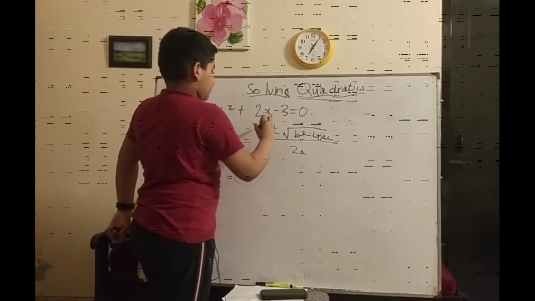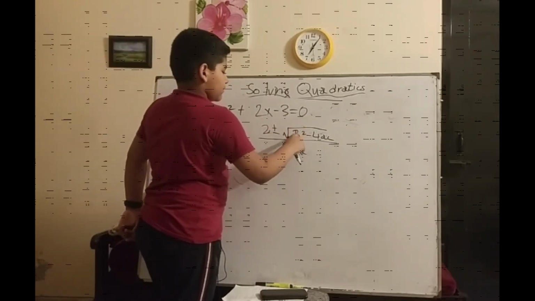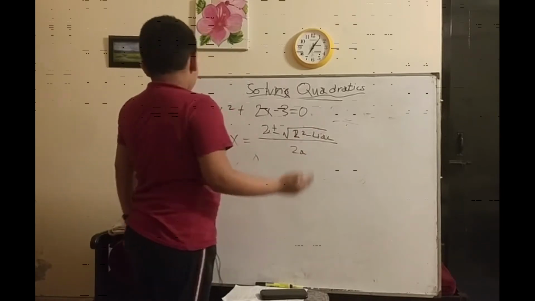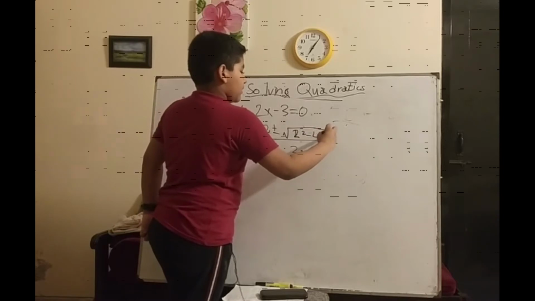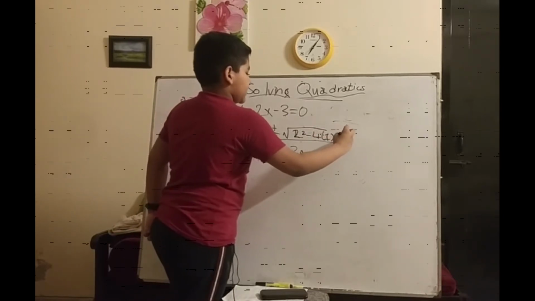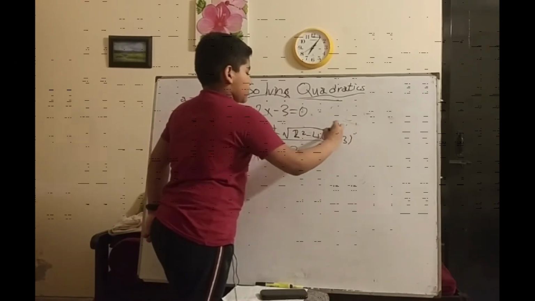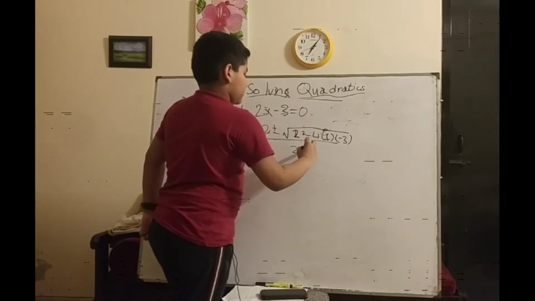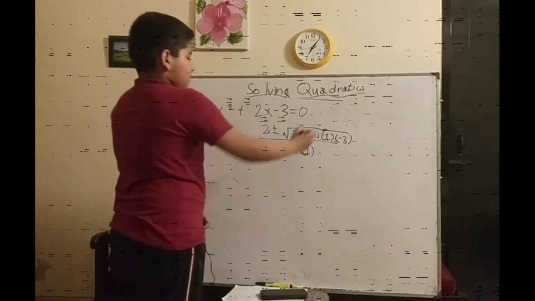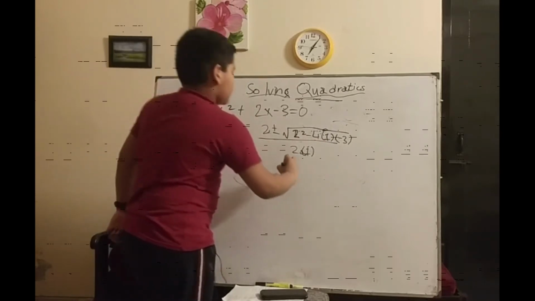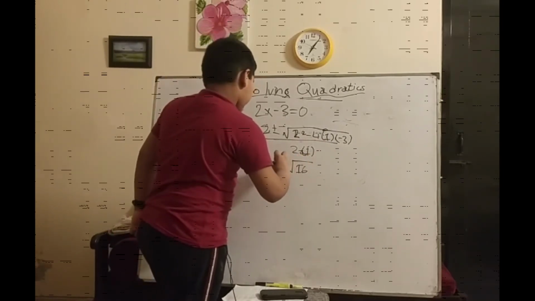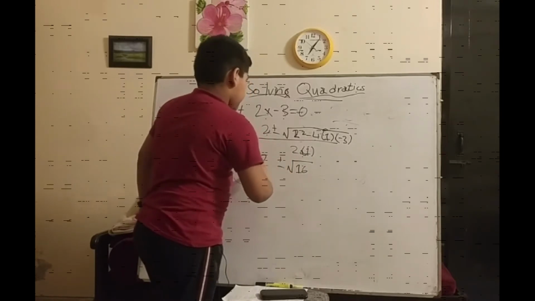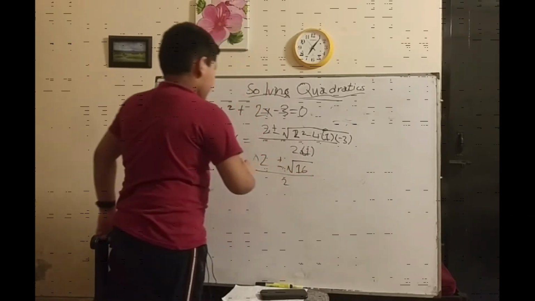So b will be 2 and a will be 1 and c will be negative 3, times 2a, which would be 2 times 1. Now if we combine all of these, it'll be the square root of 16 plus or minus square root of 16 times 2 over 2.